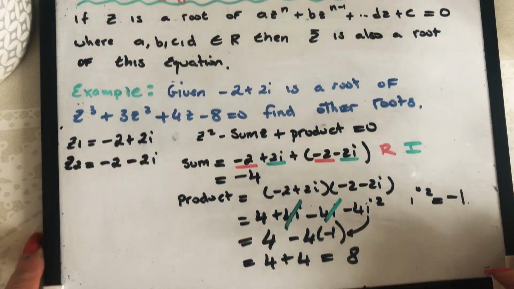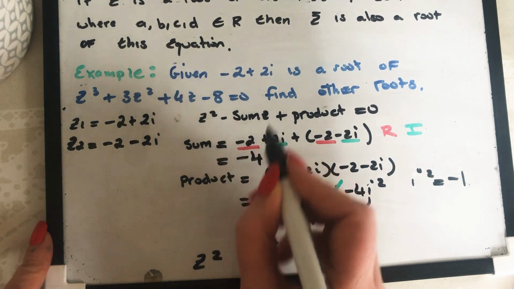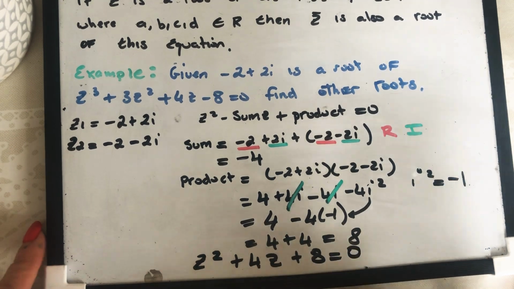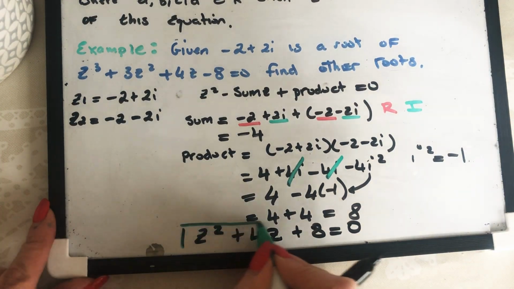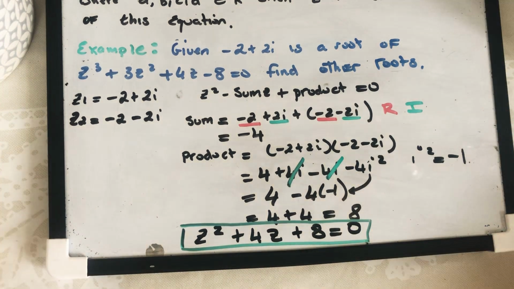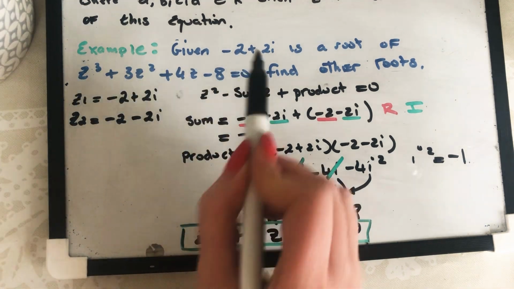So when we fill that in, we have z squared minus the sum. Don't forget now it's minus and a minus, which is a plus 4z plus 8 equals 0. This is our quadratic which we have formed. Now, we're going to take that lovely quadratic and divide it into our cubic equation.